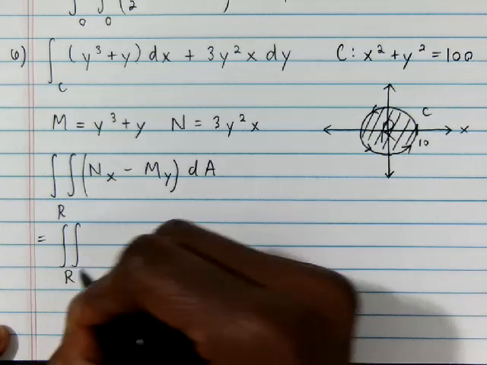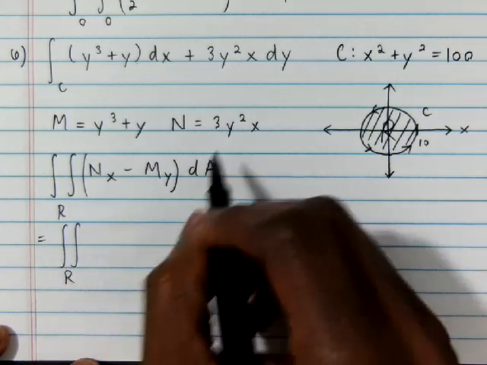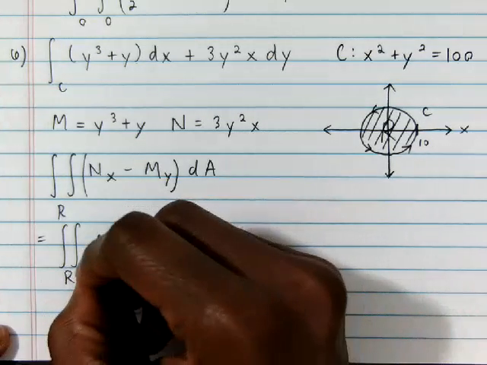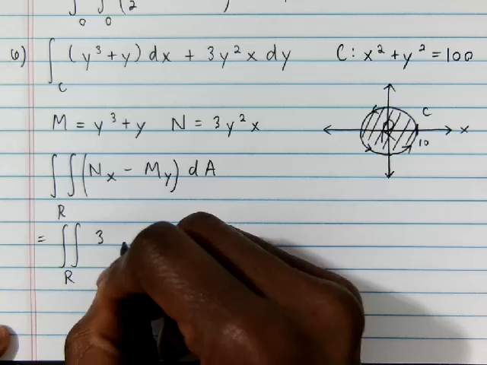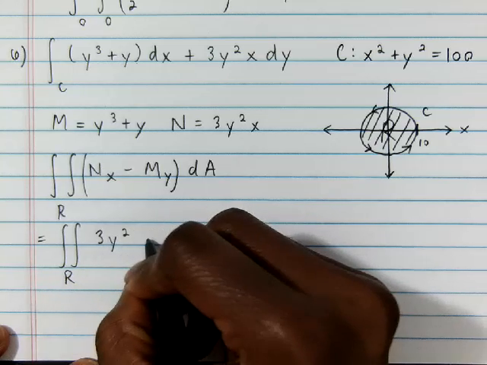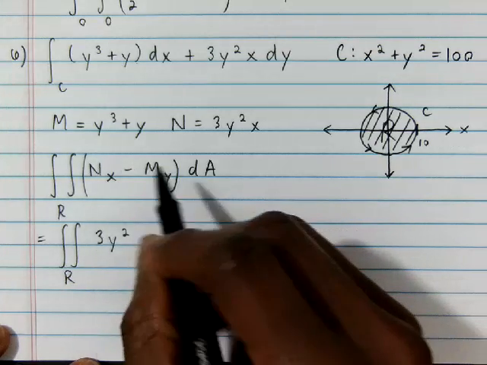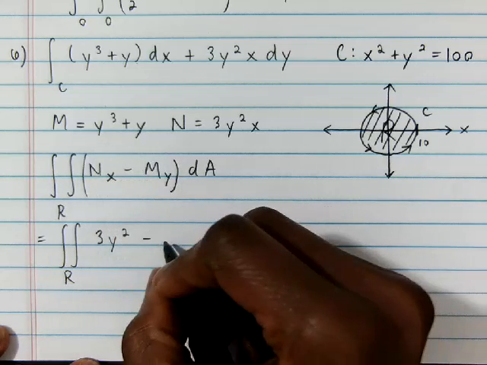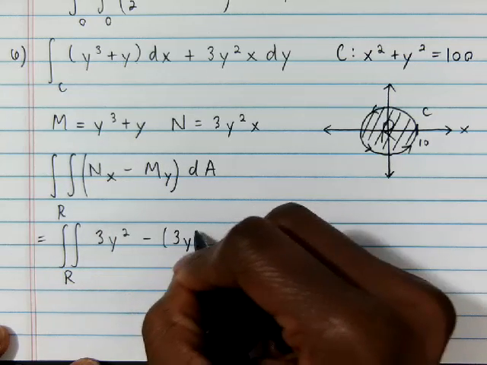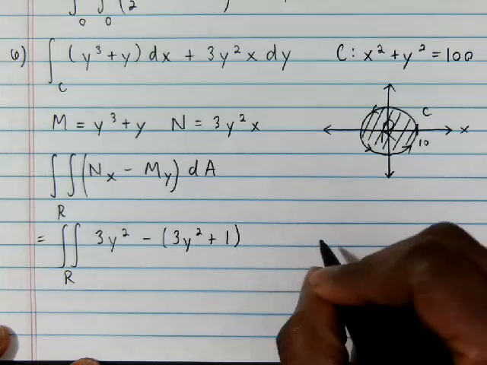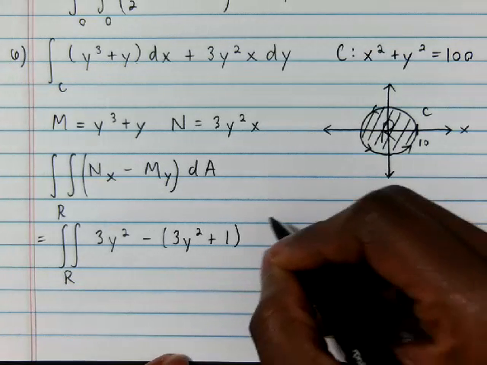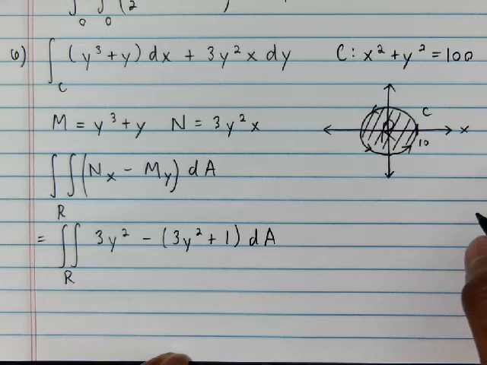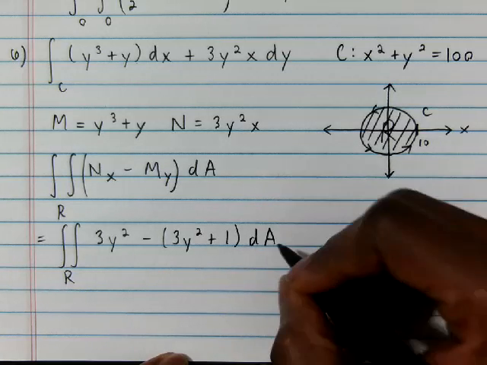So the double integral over R of the partial of N with respect to x is going to be 3y squared, minus the partial of M with respect to y, which is going to be 3y squared plus 1, dA. So we just get -1 for our integrand.